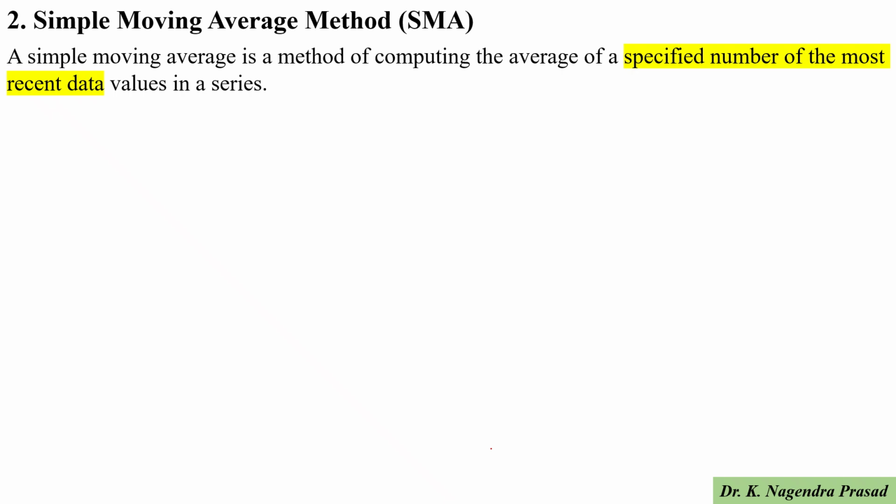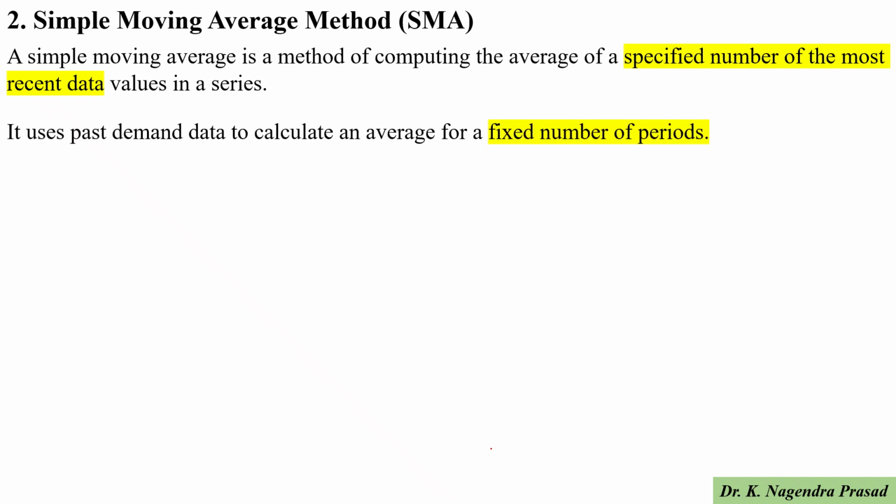Next, we will discuss the simple moving average method. A simple moving average is a method of computing the average of a specified number of the most recent data values in a series. So in a simple moving average, we calculate the forecast values from a specified number of the most recent data.